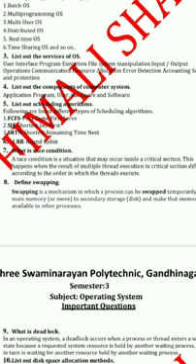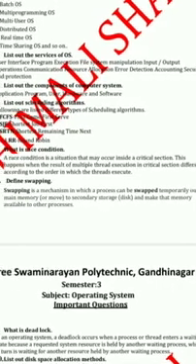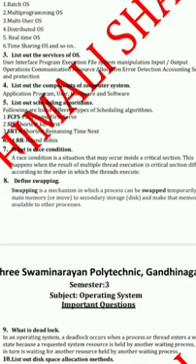Next question, that is, what is the race condition? A race condition is a situation that may occur inside the critical section. This happens when the result of multiple thread execution in the critical section differs according to the order in which the threads execute, or we can say the process.